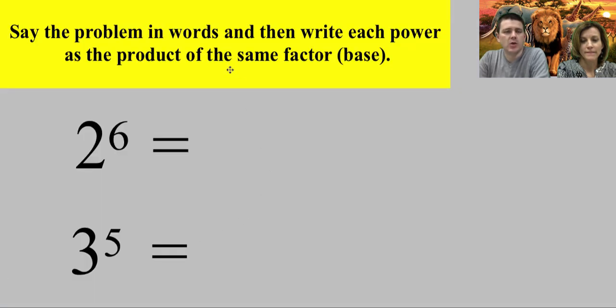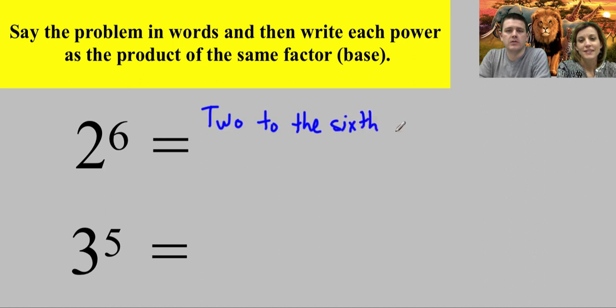So let's practice going in both directions here. So first is trying to say one of these in words, kind of how would we say it? We would say 2 to the 6th power. Going to write all that out. And sometimes the directions say write each power as the product of the same factor. Product meaning multiplication.